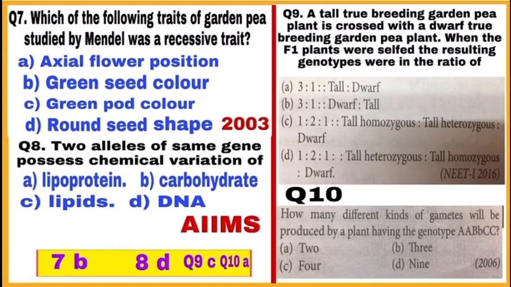Question number 9. A tall true breeding garden pea plant is crossed with a dwarf true breeding garden pea plant. When F1 plants were selfed, the resulting genotypes were in the ratio of.